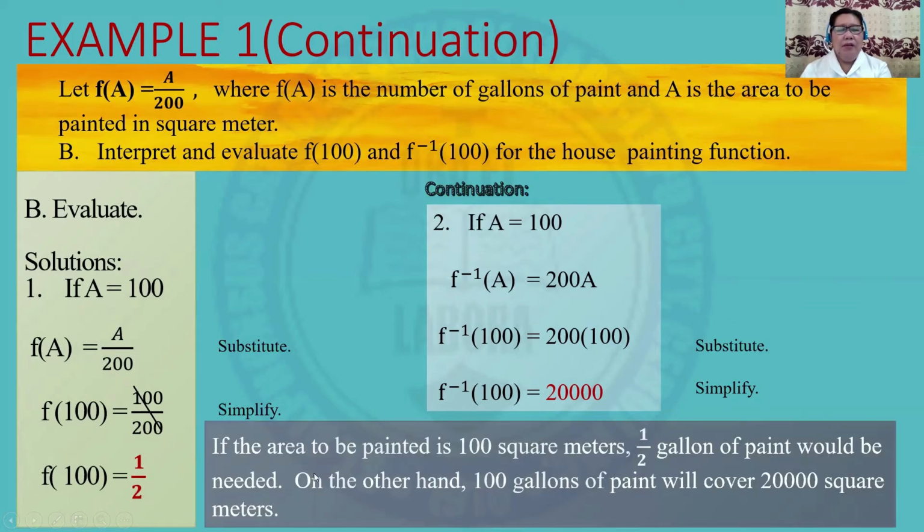Therefore, if the area to be painted is 100 square meters, 1/2 gallon of paint would be needed. On the other hand, 100 gallons of paint will cover 20,000 square meters. Do you have questions? If there is none, let's proceed.